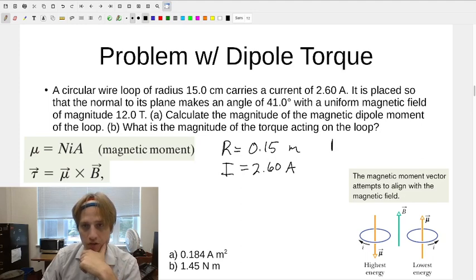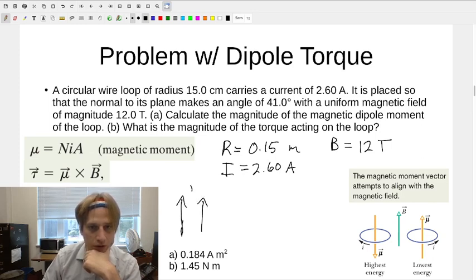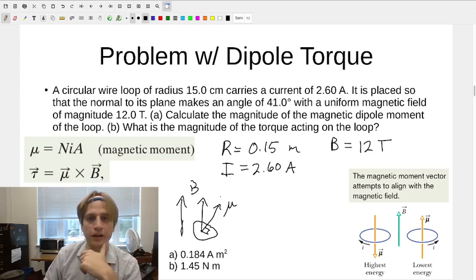Extremely unrealistically big magnetic field. But our picture here is that we have a magnetic field, and then our magnetic moment pointing out normal to this surface is at an angle of 41 degrees.